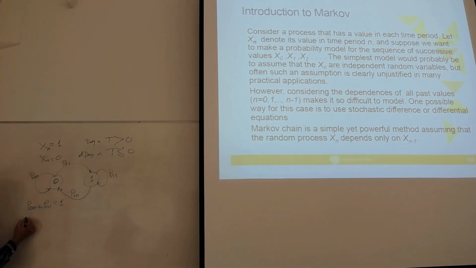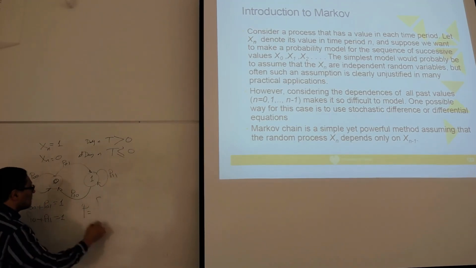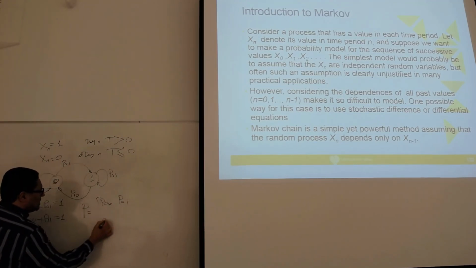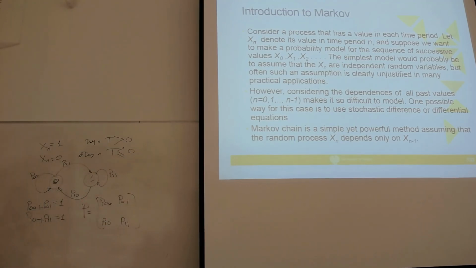And also for this one, probability P10 plus probability P11 must also be 1. Okay, we can also build the probability matrix. The probability matrix here equals P00, P01, and P10 and P11. This is called the probability matrix for this simple case.